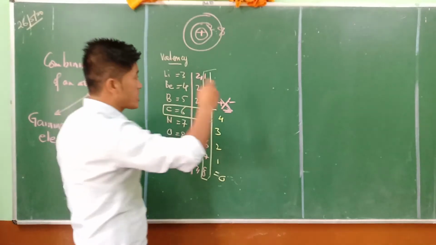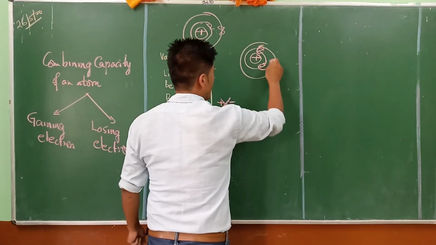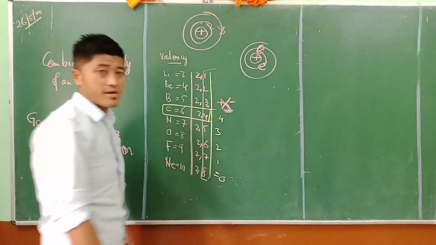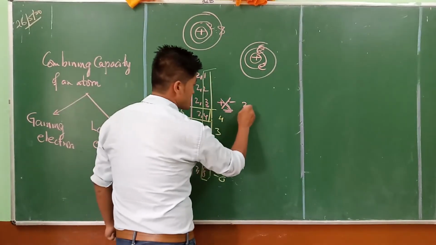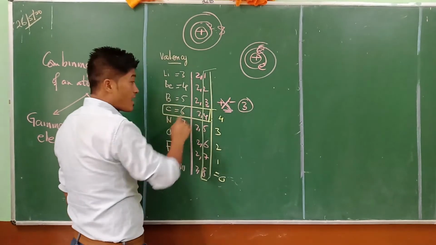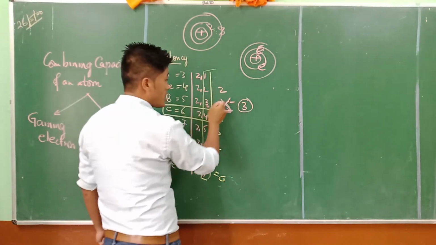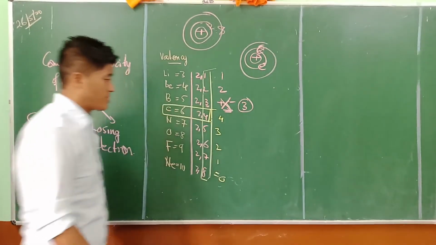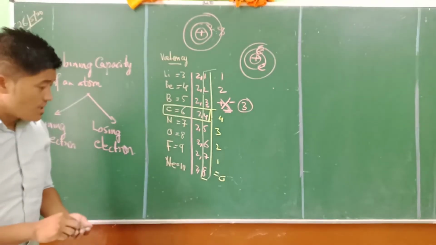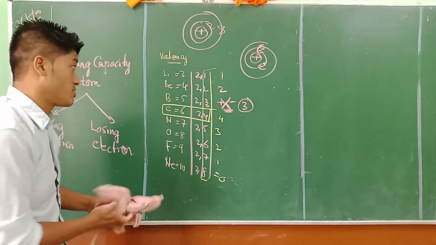If we remove them, we reach a stage with 1, 2, and this 3 is removed. Now this is totally stable, because there is no electron here. That is why the valency is 3 in this case. In this case, instead of adding 6 electrons, we remove 2. Understand? Instead of adding 7 electrons, we remove 1, like this, valency. Is that clear?